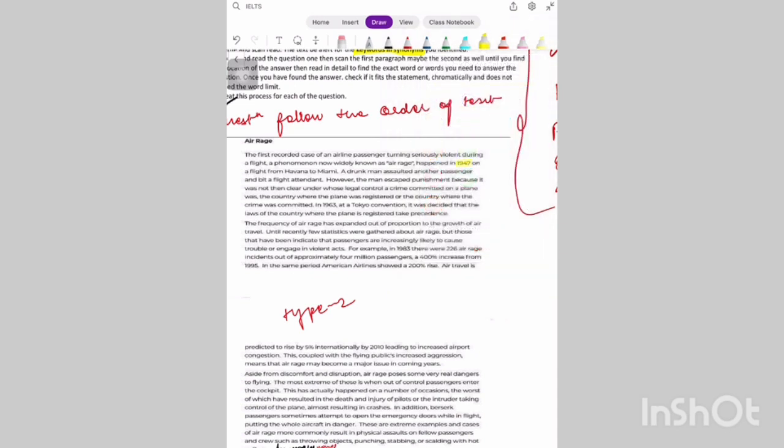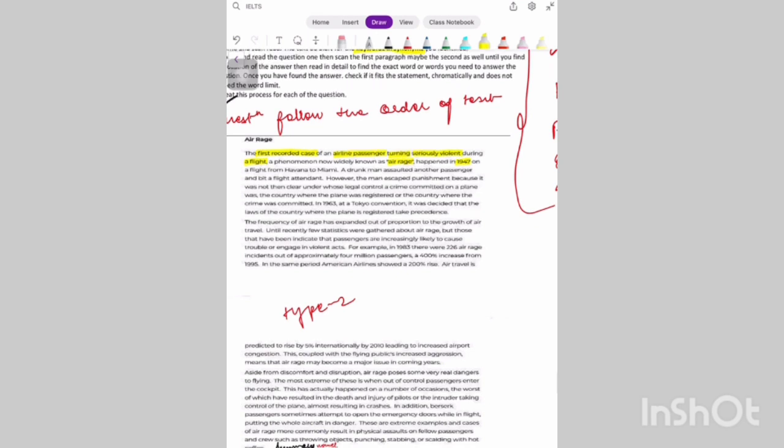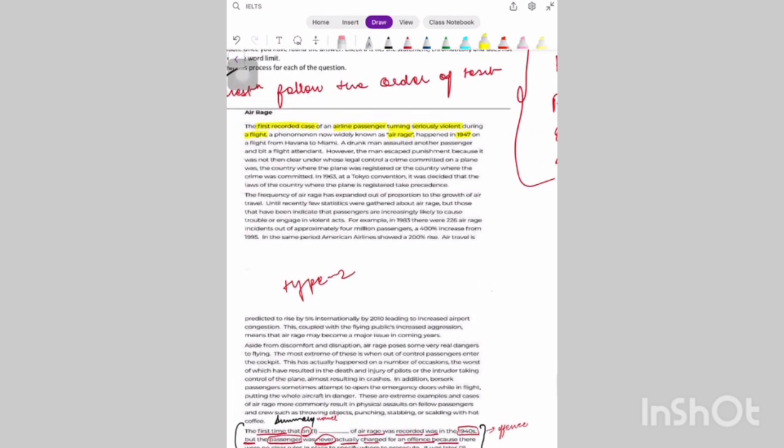So the first recorded case, the first time an airline passenger turned seriously violent during a flight, a phenomenon now widely known as air rage, happened in 1947 on a flight from Havana to Miami.